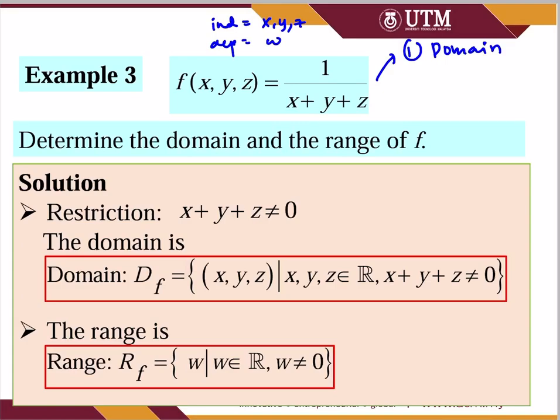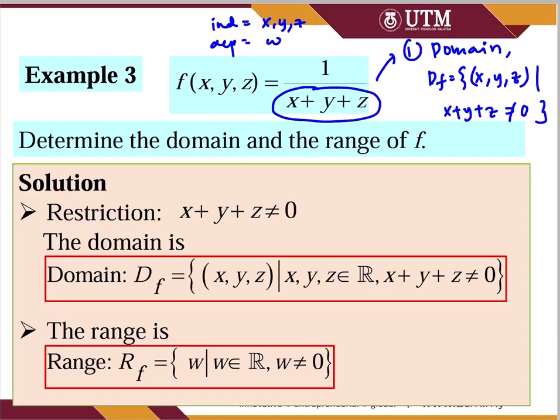The restriction is that x plus y plus z cannot equal 0, because the denominator of the fraction cannot equal 0. If not, the function will be undefined. So that's why our domain is this one.